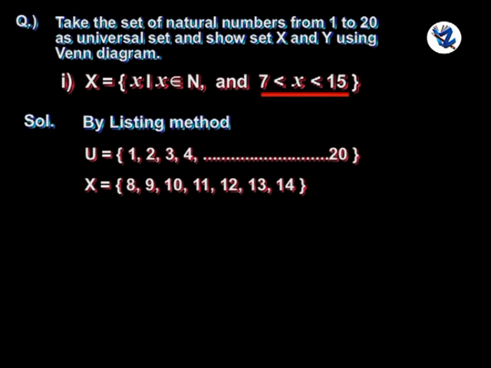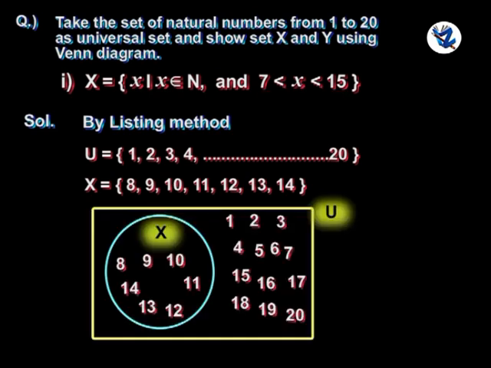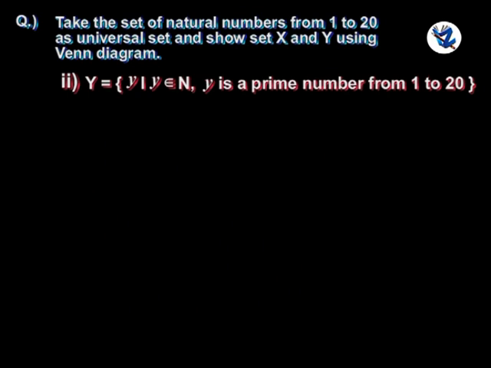The question is, observe the Venn diagram and write the given sets U, A, B, A union B and A intersection B. U is equal to 1, 2, 3, 4, 5, 6, 7, 8, 9, 10, 11, 12, 13.